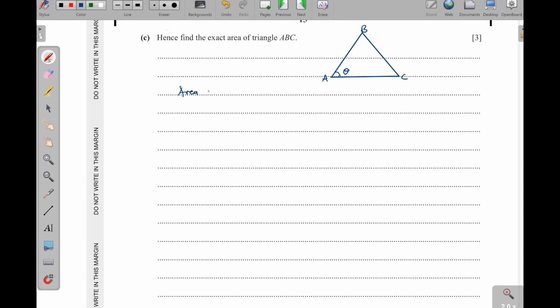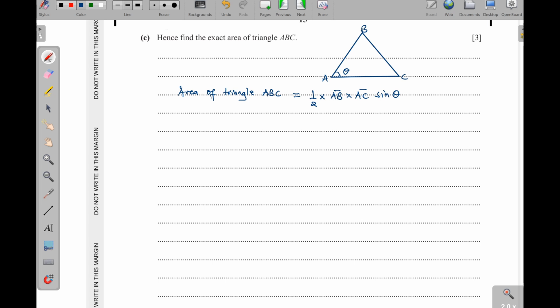So area of triangle ABC shall be equal to a half times AB times AC, then sine of the angle in between.